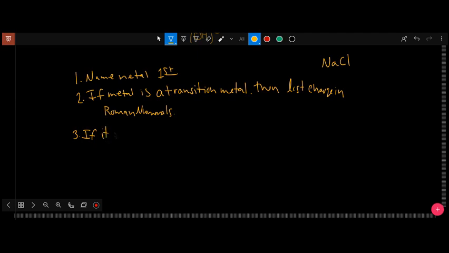If it is not a metal, I mean a transition metal, sorry. If it's not a transition metal, then you'll just say it as the elemental name.